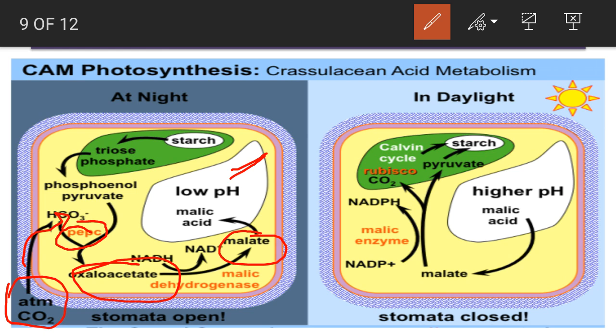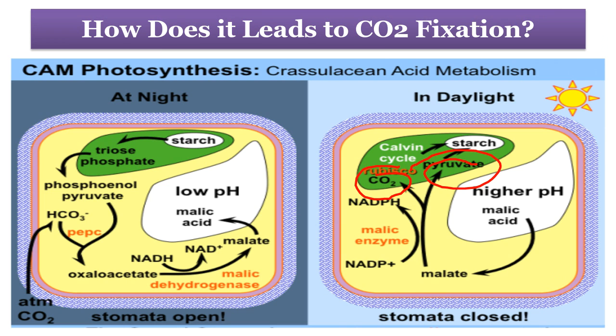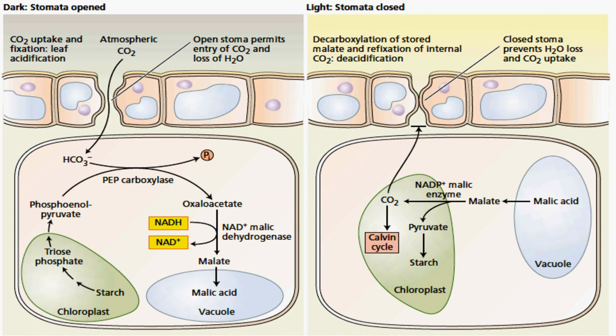During the day, the stored malate is transported to the chloroplast and decarboxylated by NADP malic enzymes. The released carbon dioxide is fixed by the Calvin cycle, and the NADPH is used for converting the triose phosphate into starch. So this is an overall representation of what happens in the CAM pathway.